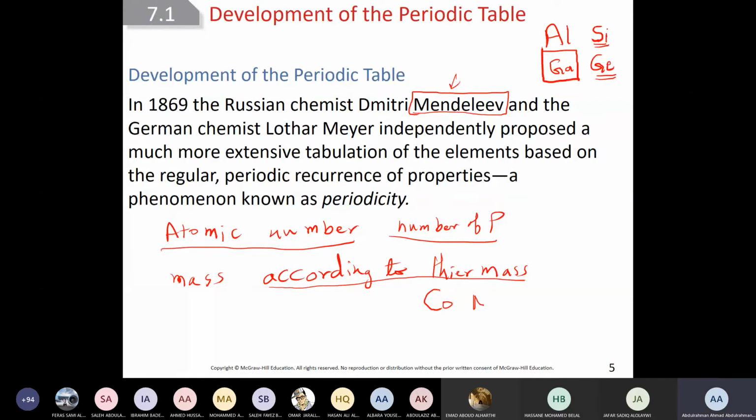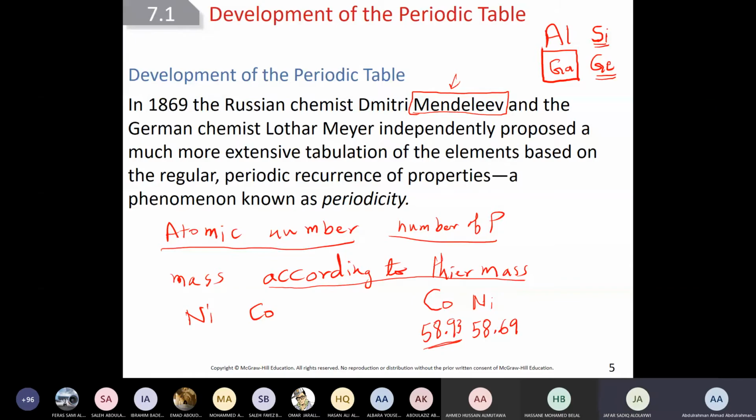At the time of Mendeleev, what's the mass of nickel? 58.69. How about cobalt? 58.93. Which is bigger in mass? Cobalt.